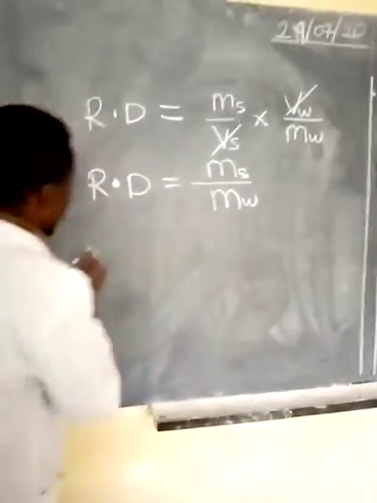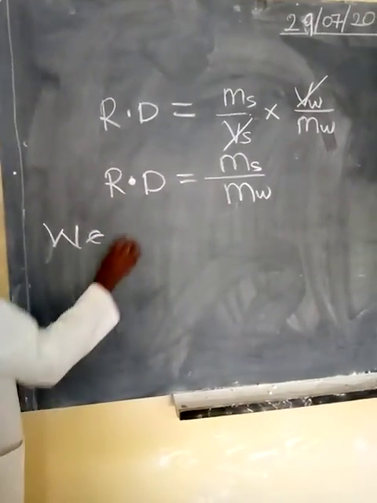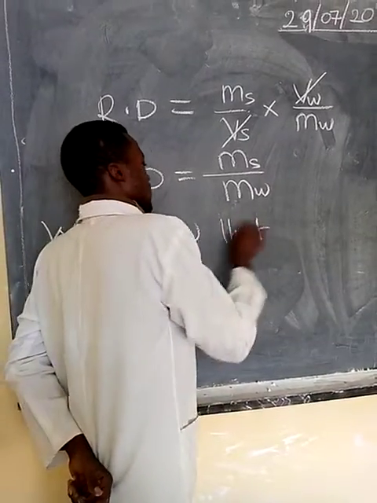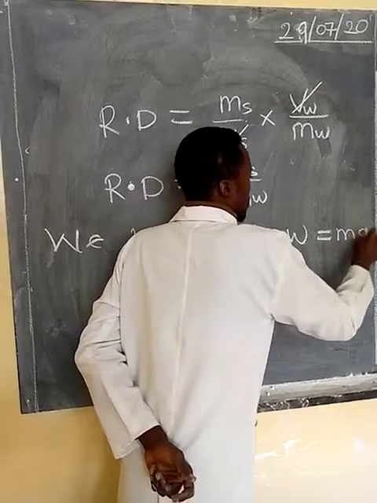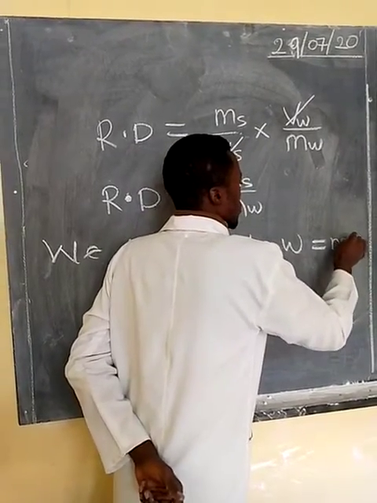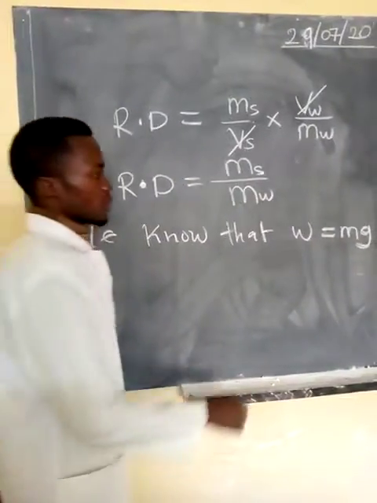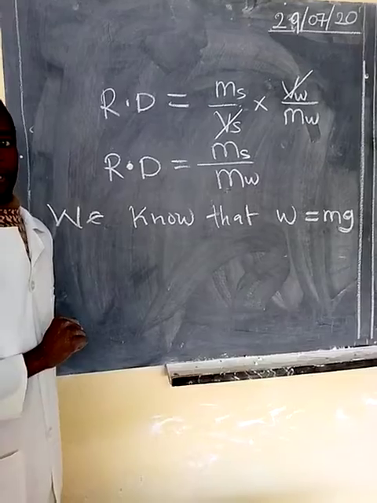So I'm putting up these things so that you'll be able to remember. We know that weight is equal to mg. Weight is equal to mg. Are we together?